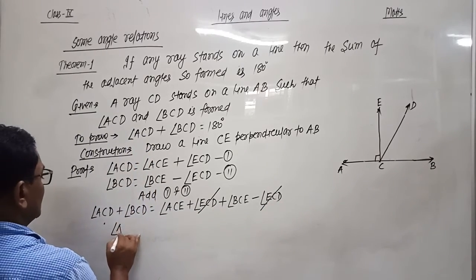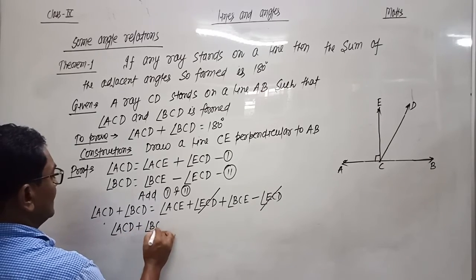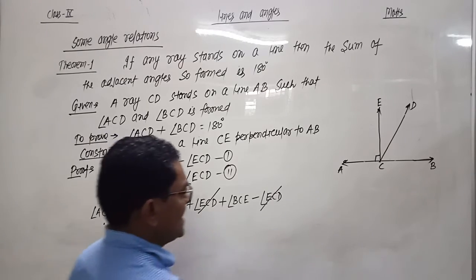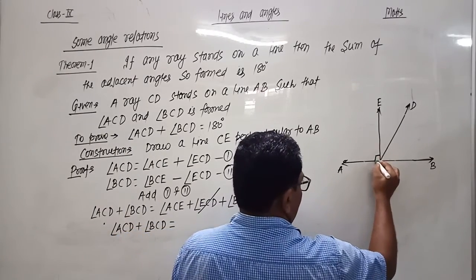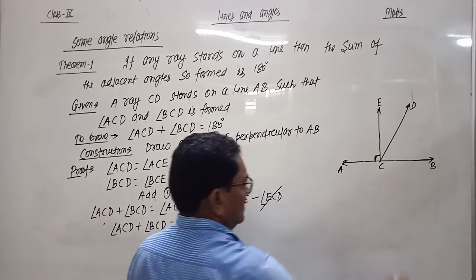It remains angle ACE plus angle BCE. Angle ACE is 90 degrees by construction.